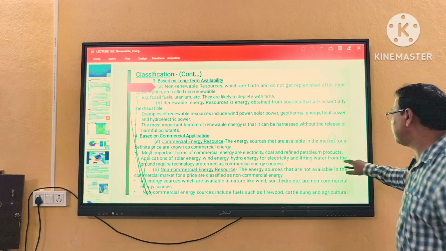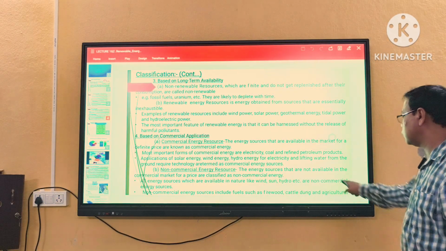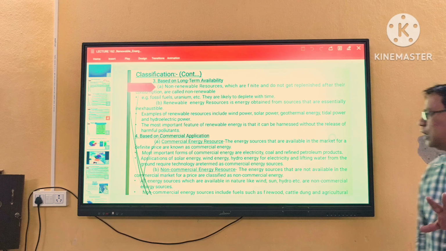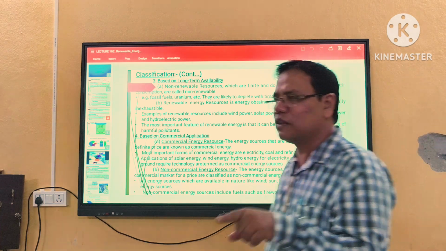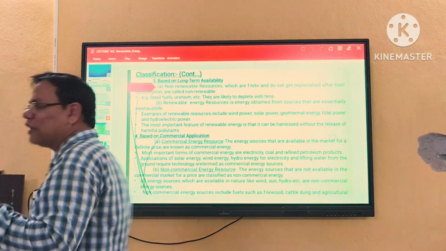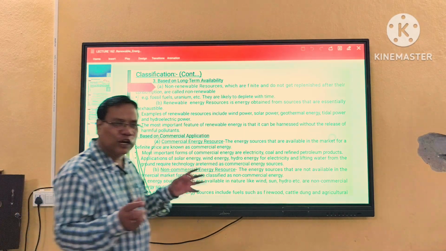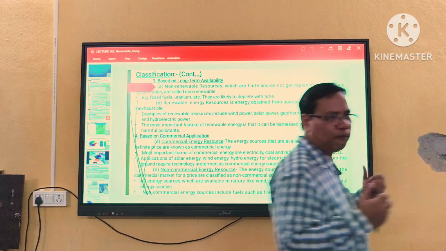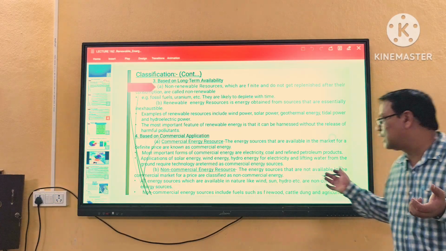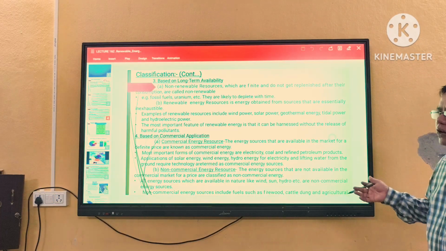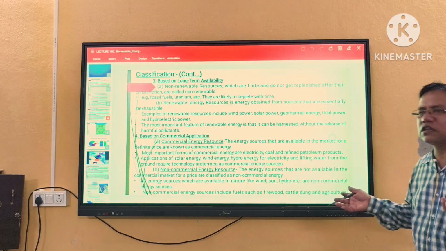Again, non-commercial resources are the energy resources that are not available in the commercial market. That means non-commercial sources are not exactly available in the market to buy. Directly you can buy, but they are available in our household, such as the wastage of household products.